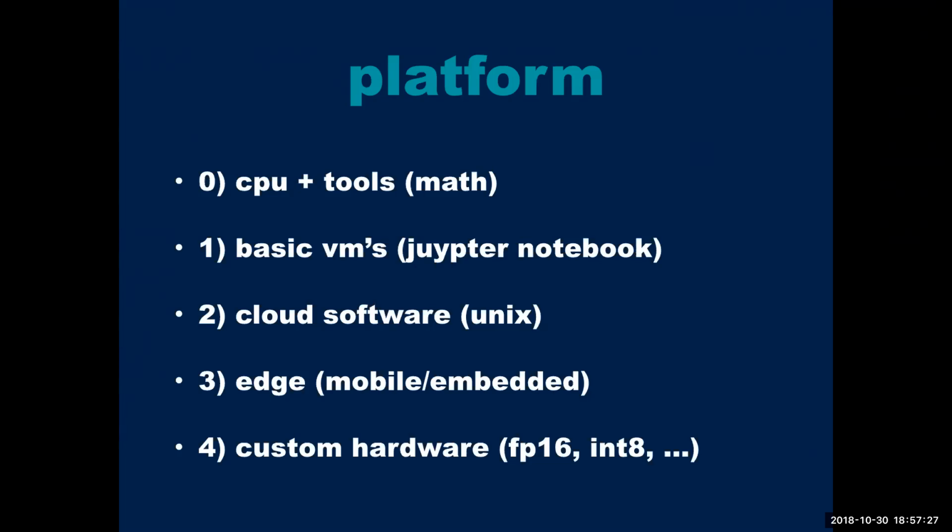The next level is custom hardware. This is ASICs, and what a lot of hardware and machine learning startups are doing right now. This is the very leading edge of all this stuff. But today we're just going to target level 3 here.